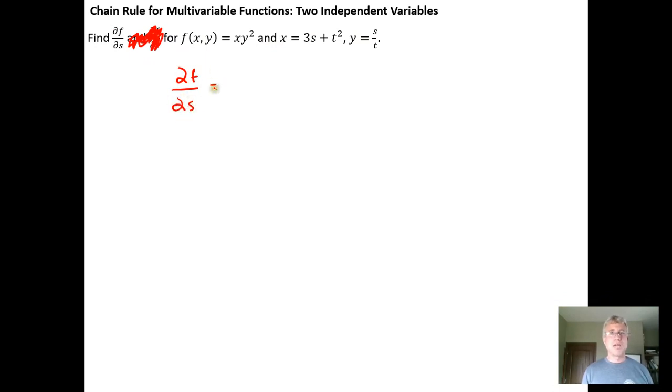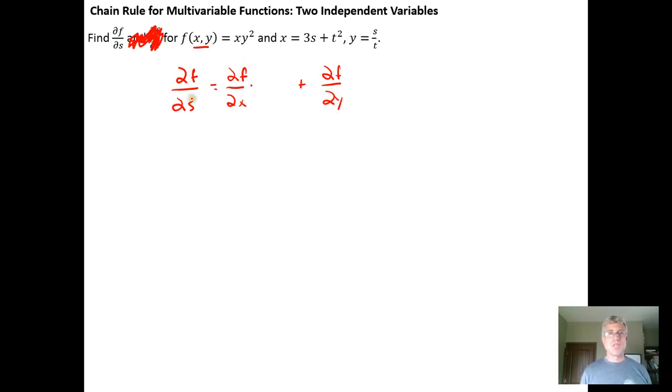So our function f is a function of both x and y. So we know that we're going to need to calculate partial f partial x, plus we're going to need to calculate partial f partial y.